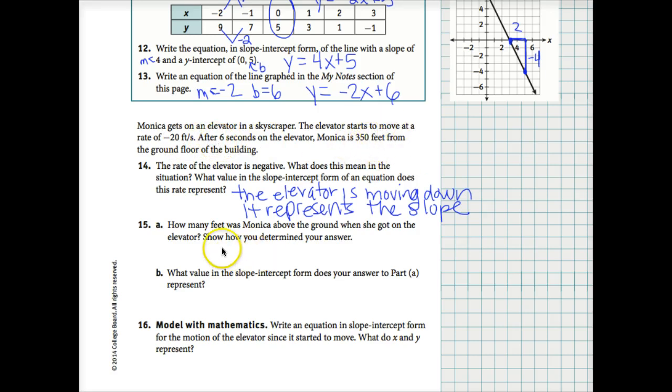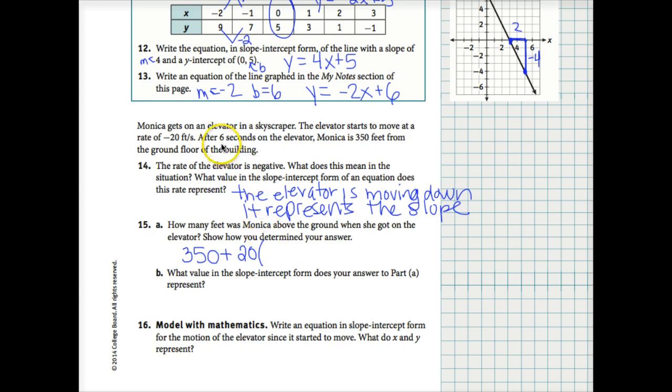So that means that we know that she had been going down for 6 seconds, which means that originally when she got on the elevator, she was higher up. So that means that we're going to be adding to the 350 feet a positive value. So the slope is negative, but we're going the opposite direction of the slope. So we're going to make it positive, so 20, because we're going up to work backward.